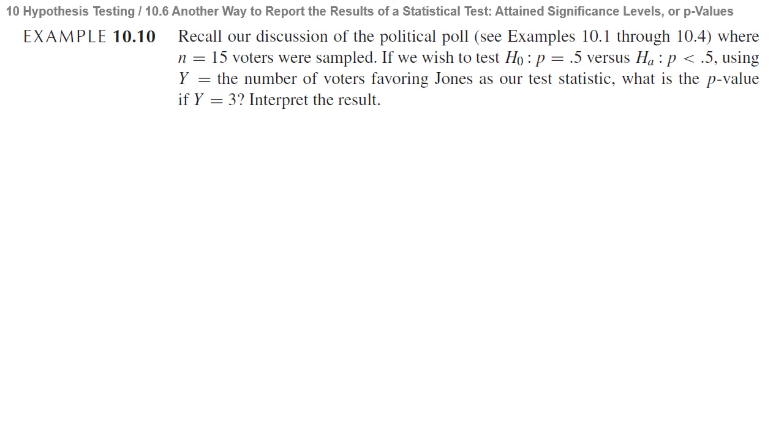Let's move on to example 10.10. Recall our discussion of the political poll where n equals 15 voters were sampled. We wish to test H0: p is 0.5 versus the alternative p is less than 0.5, using Y, the number of voters favoring Jones, as our test statistic.